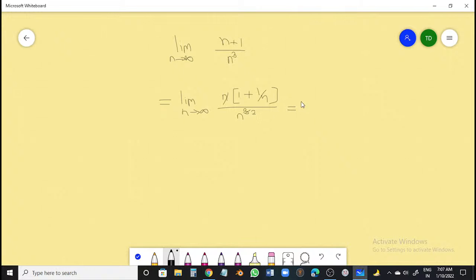So this is limit n tends to infinity of 1 by n square multiplied by 1 plus 1 by n, and whenever n goes to infinity we are all sure that 1 by n goes to 0, 1 by n square also goes to 0, so the ultimate result is going to 0. So it's but natural that the sequence will converge to 0.